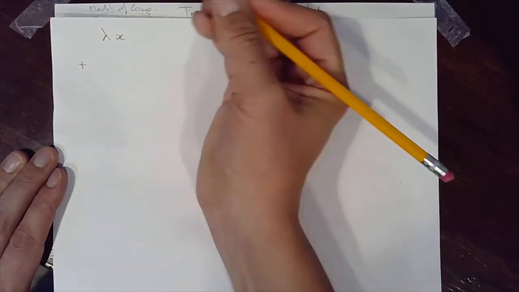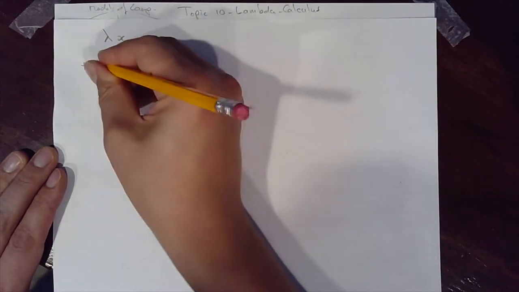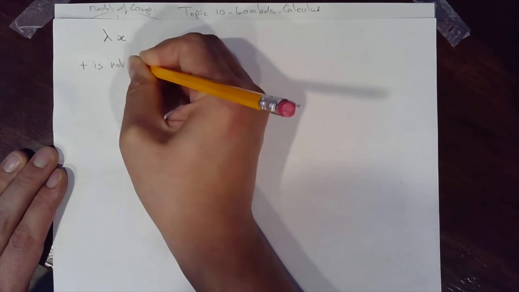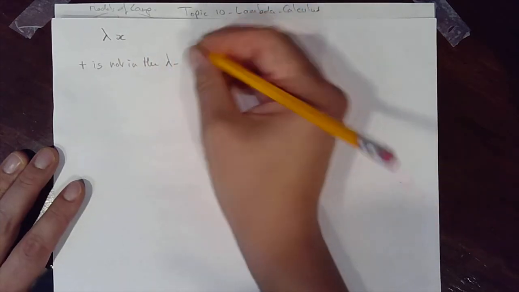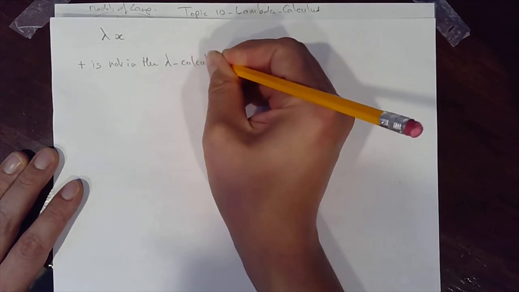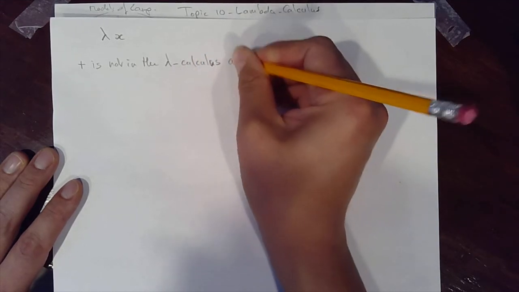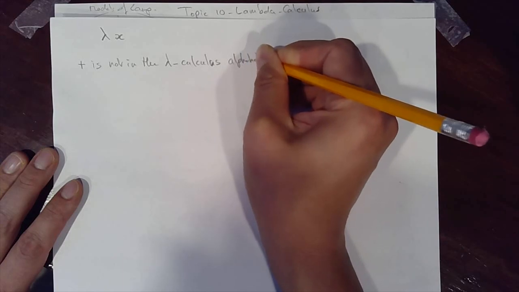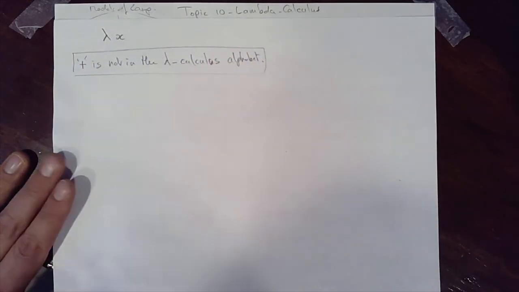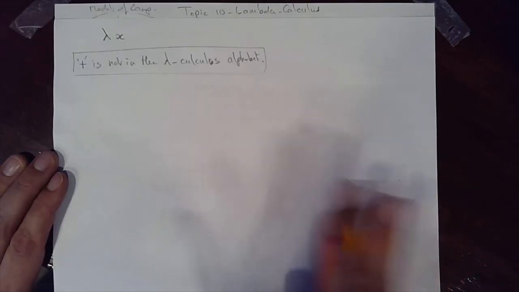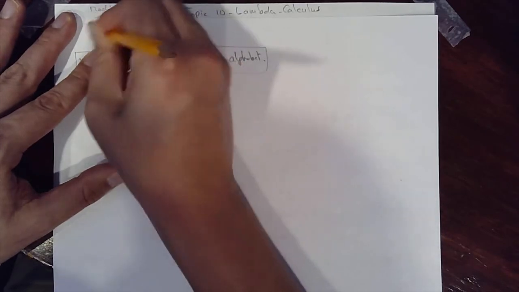Because plus is not in the lambda calculus alphabet. So we have to do without it, but right now I am still going to use it for the sake of example and understanding.